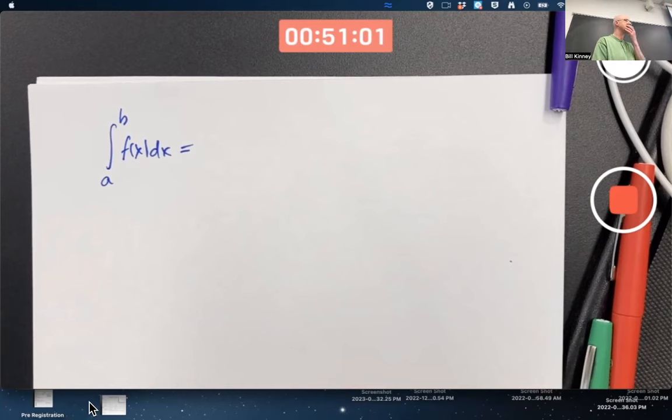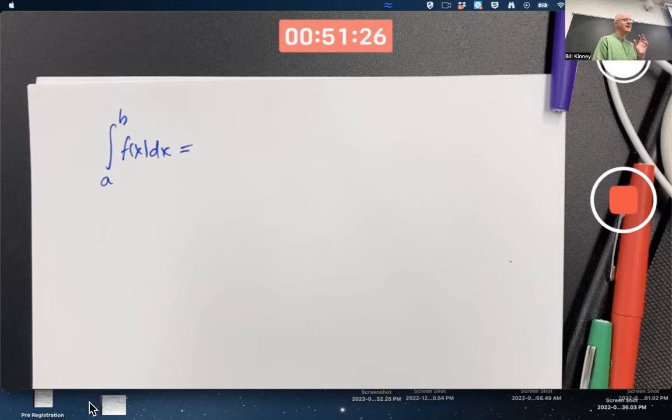Now, this limit equation that I'm writing down is technically not the true definition of the integral. The definition of an integral is more complicated than this makes it seem. What I'm writing down is really more of a theorem to prove.